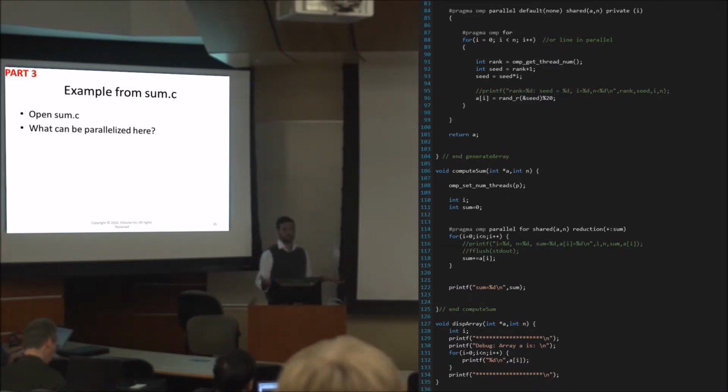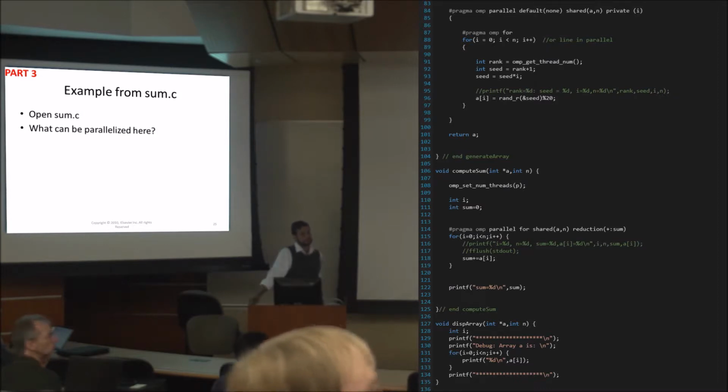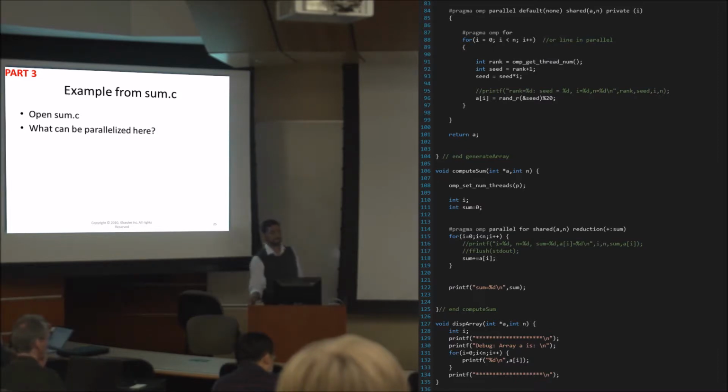So the question is, what can you parallelize here? Can you parallelize this? If so, how? High level strategies, any ideas? Let's say I have 4 cores, and I created 4 threads at my disposal.